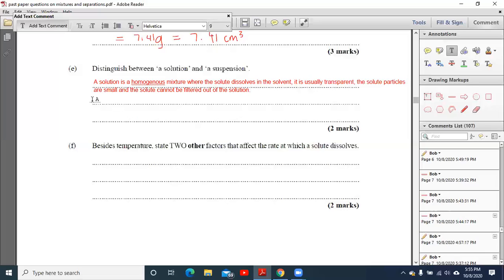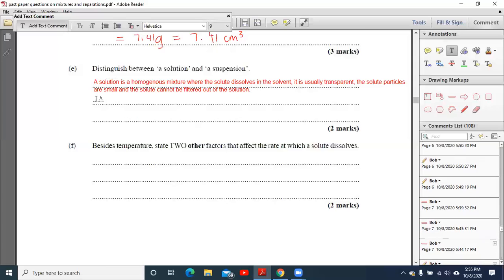As opposed to a suspension, which is a heterogeneous mixture where the solute does not dissolve. It is opaque.